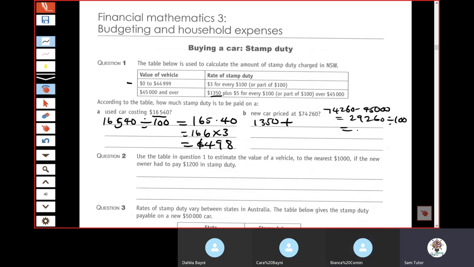That gets me 292.6, which means the number I'm going to use is 293 times 5. Every $100 times that by 5.